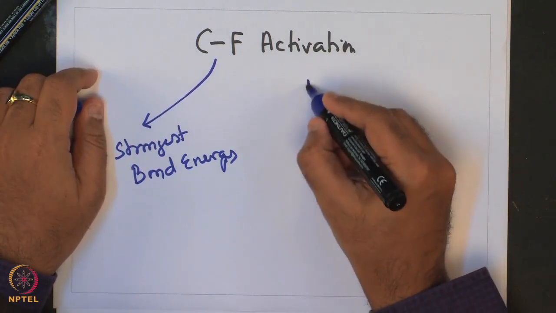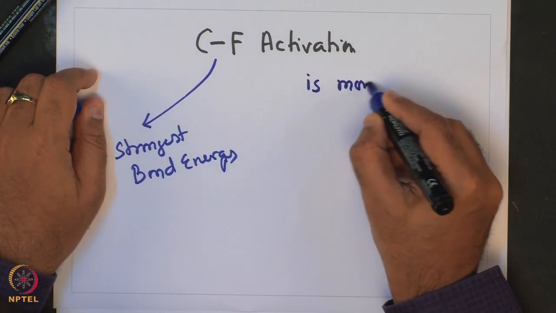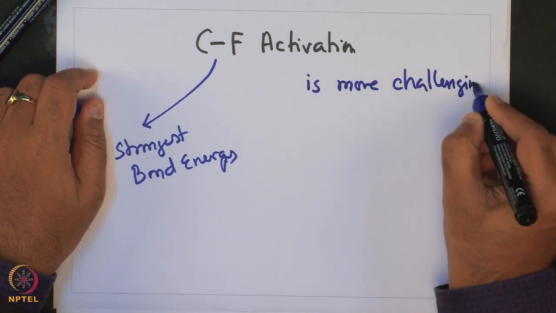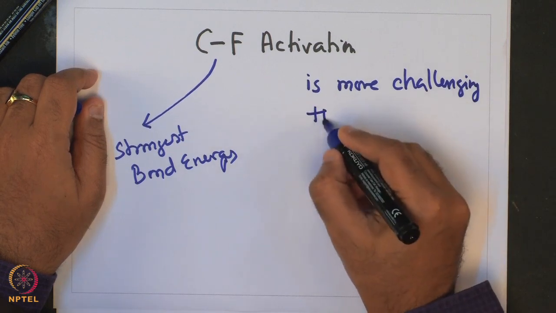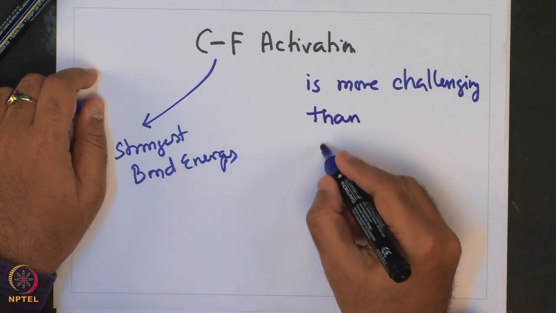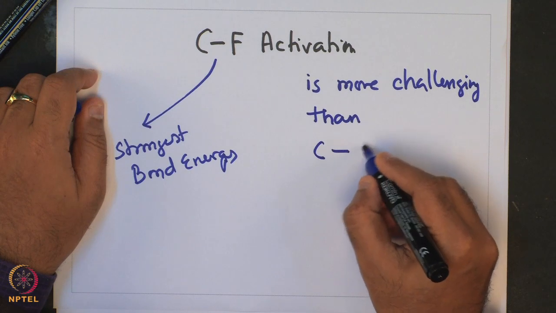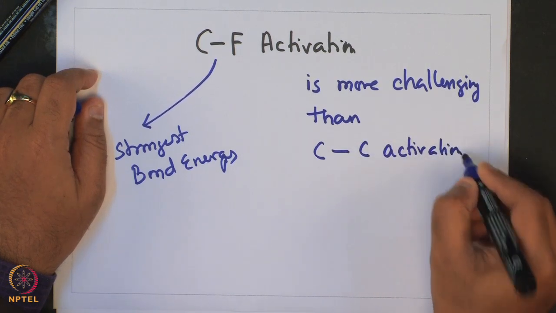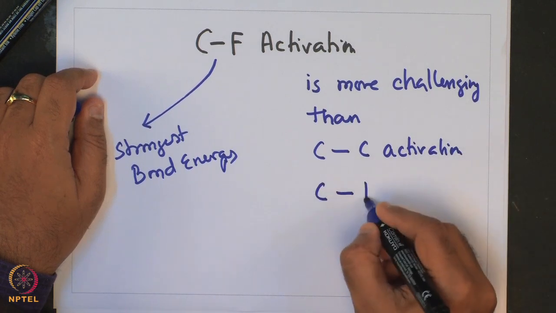So, CF activation is more challenging than, for example, CC activation as well as CH activation.